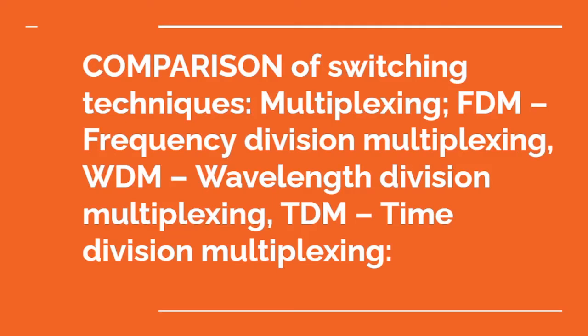Fifth, there is no need to include identification of the traffic stream on each packet. Disadvantages of TDM. One, the sensitivity to other users is very high and causes problems. Two, initial cost is high. Three, technical complexity is more.